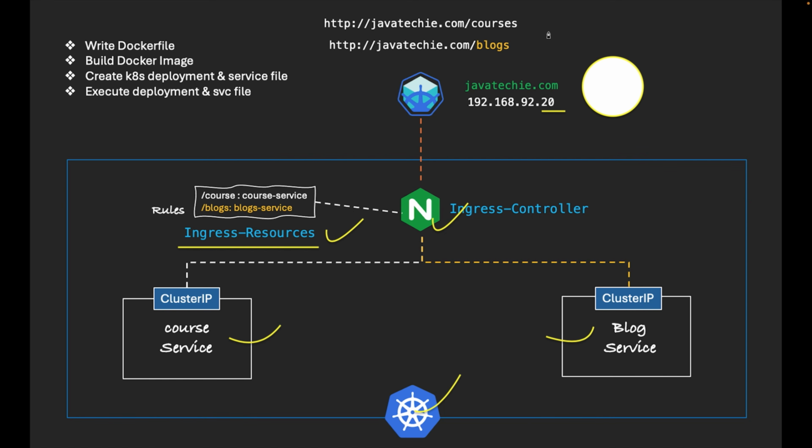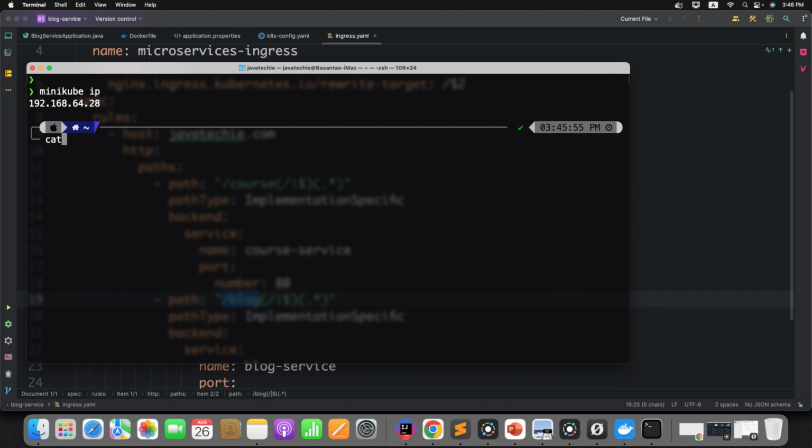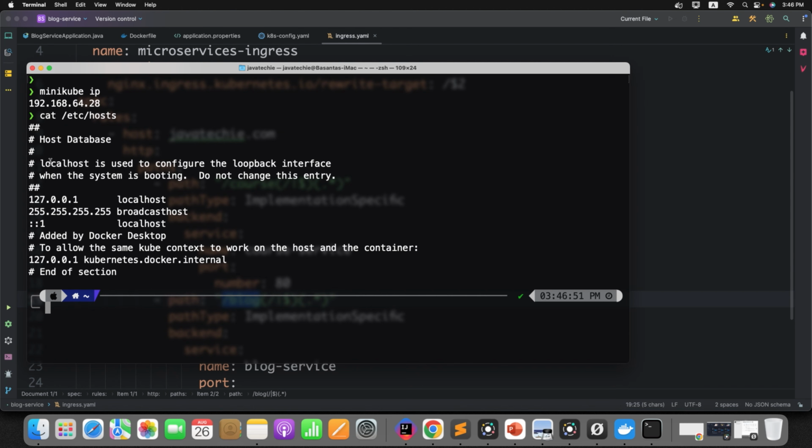It's a very simple step. Open the terminal, you will have a file called /etc/hosts. It doesn't matter which operating system you are using, Mac or Windows, you have this particular file in this particular folder, /etc/hosts.